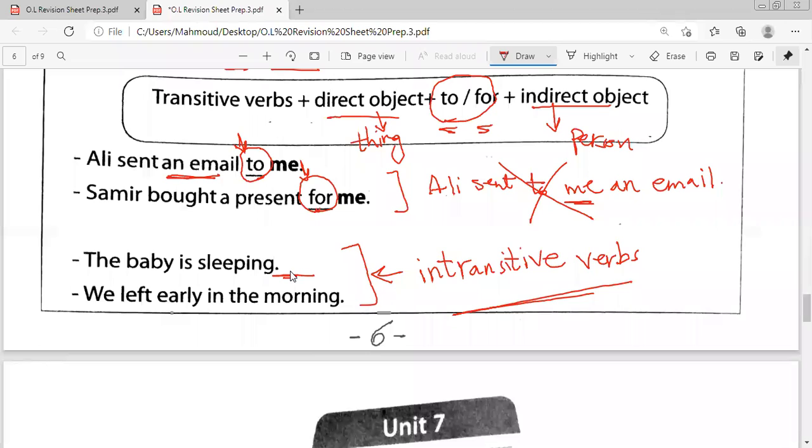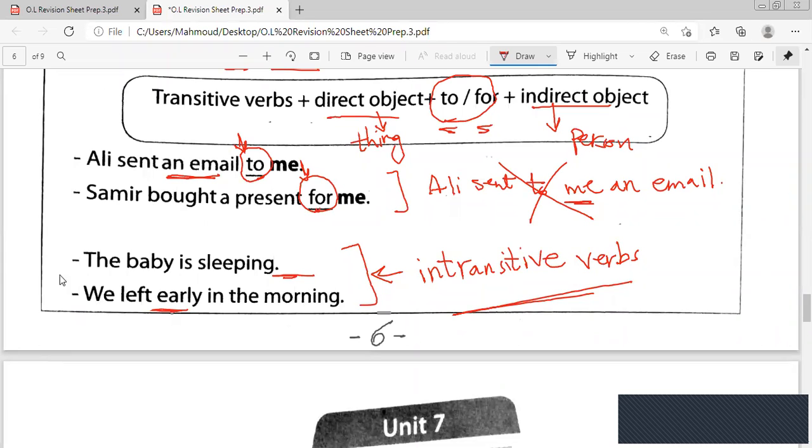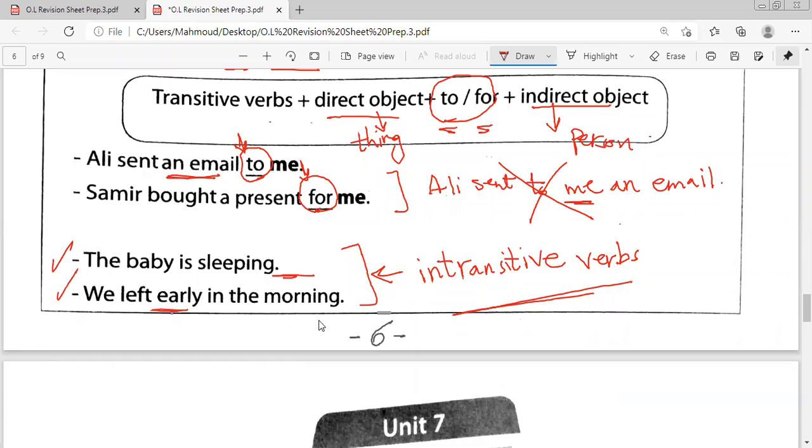After sleeping, we don't have an object. We left early in the morning. Maybe you will say early here is an object. No, early is not an object at all. It's an adverb. So we left early in the morning. We don't have in these two sentences an object. Intransitive verbs, verbs that don't have an object.